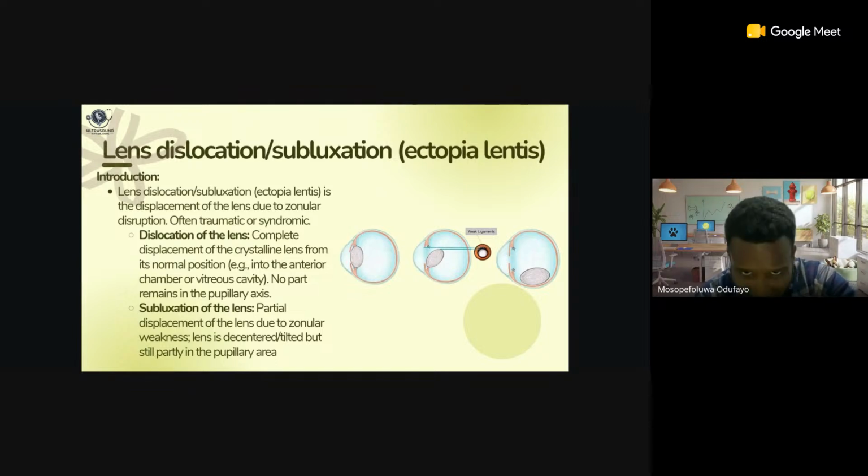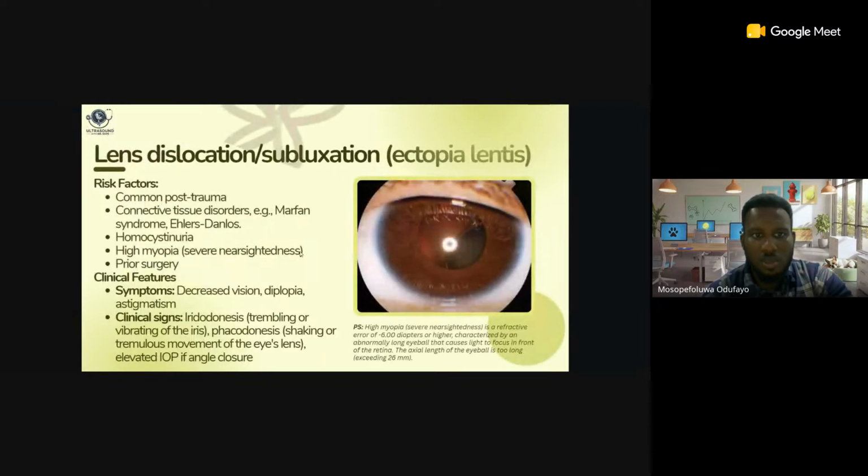So subluxation is partial displacement due to zonular weakness. The lens is just decentered, but it is still around that area, within the pupillary area. Many times it can occur post-trauma, if there's a connective tissue disorder like Marfan's syndrome, some inborn errors of metabolism like homocystinuria, severe nearsightedness, or a previous surgery.